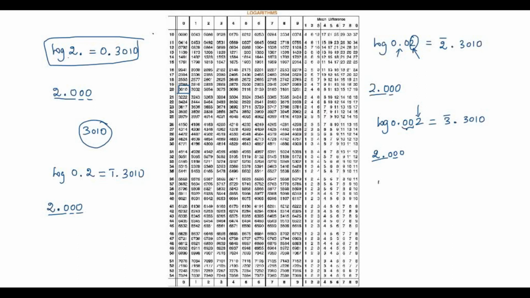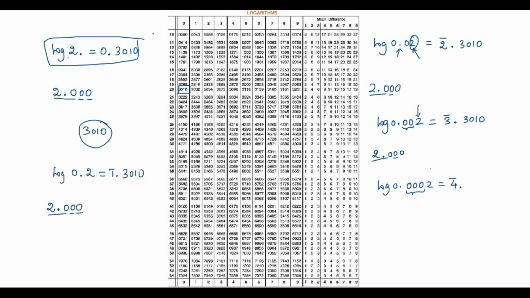Let's look at the next example. It is log 0.0002. Here we don't find any digit before the decimal point, and there are three zeros between the decimal point and the first non-zero digit 2. So we have to take bar 4 point.